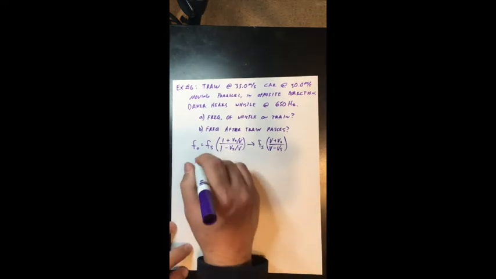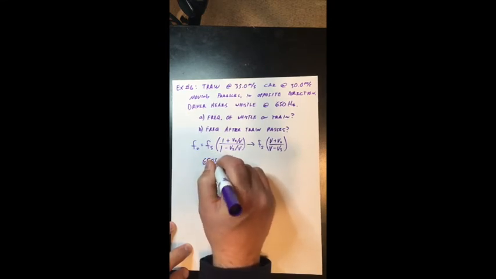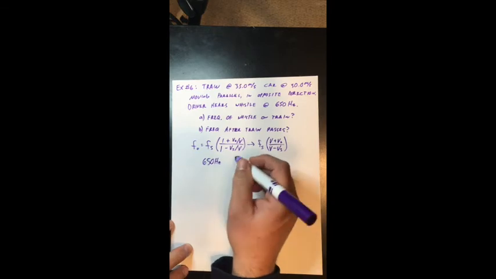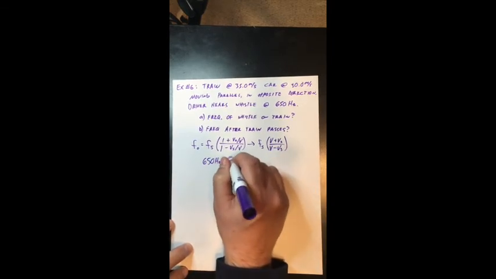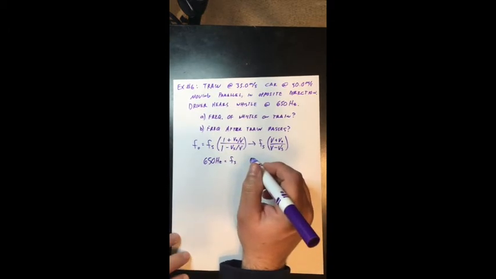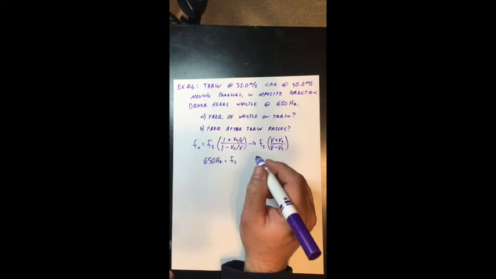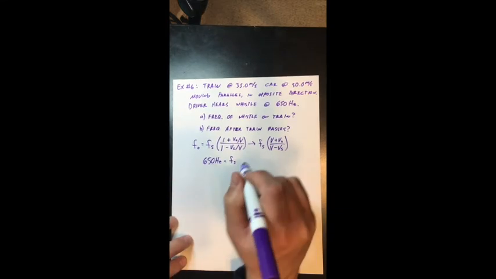So in this case, our FO, our frequency that the observer hears or experiences, is 650 hertz, which will be equal to the frequency for our stationary people. Those would be the people on the train, because from the perspective of the people on the train, it's not moving.